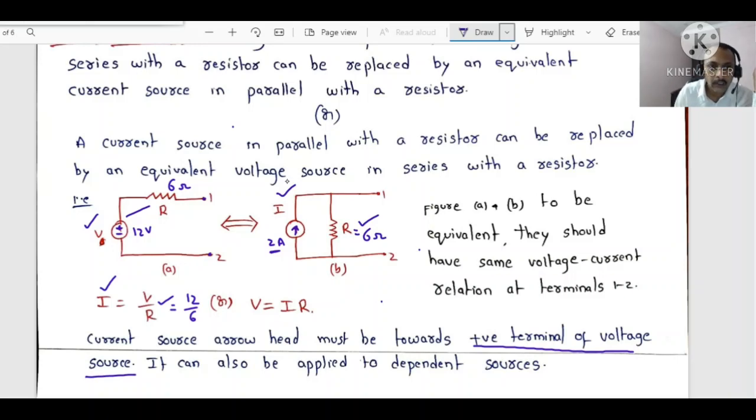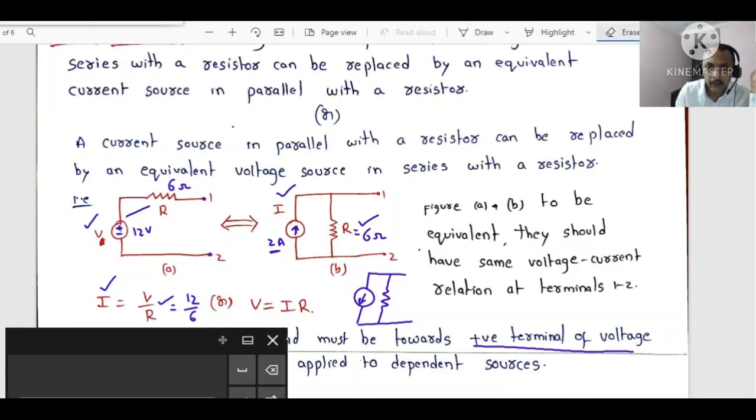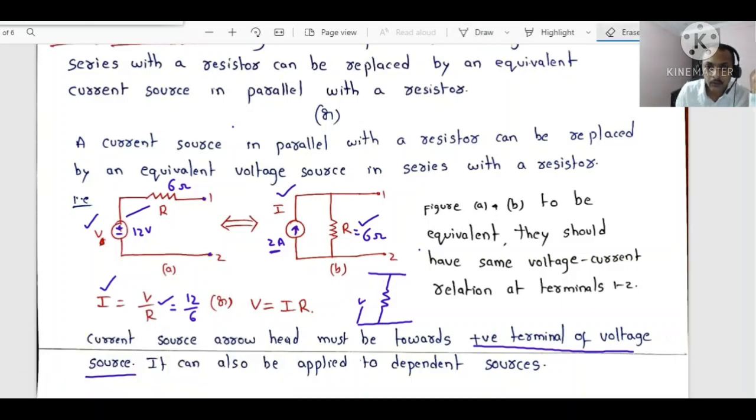For example, if the voltage sign is like this and negative is like this, you cannot draw the current like this. The value is correct, but you should not place the arrow downwards with a resistor like this. This is wrong. So you place the arrowhead of the current towards the positive terminal of the voltage source.